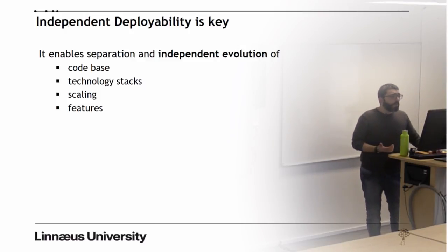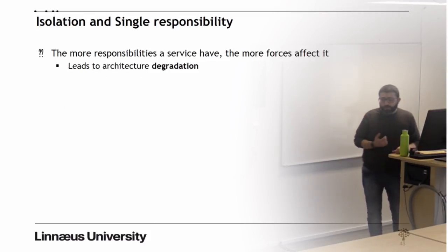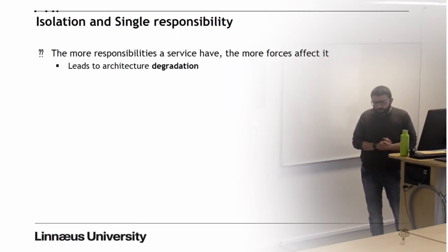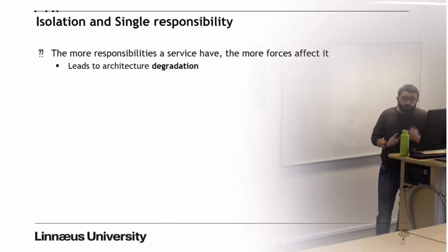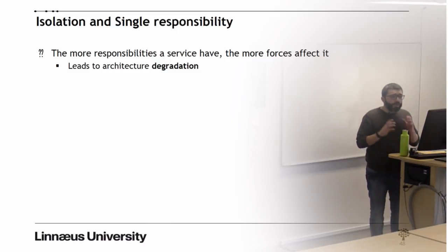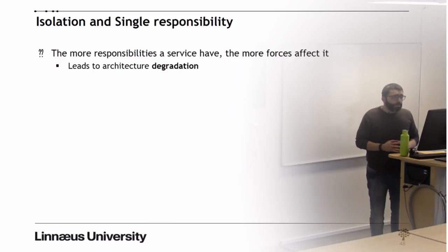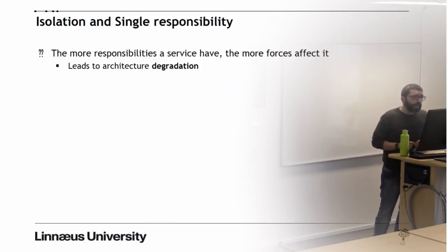There are some architectural properties that are very important when implementing a microservice architecture, which we have to take into account. First, isolation and single responsibility. A microservice should take only one responsibility, meaning it should provide only one specific functionality.